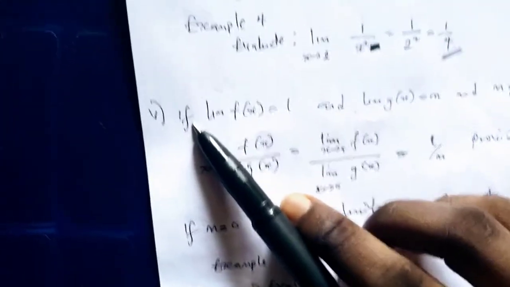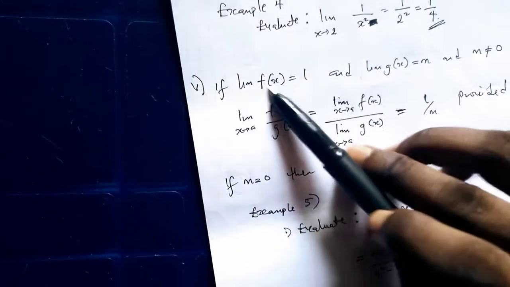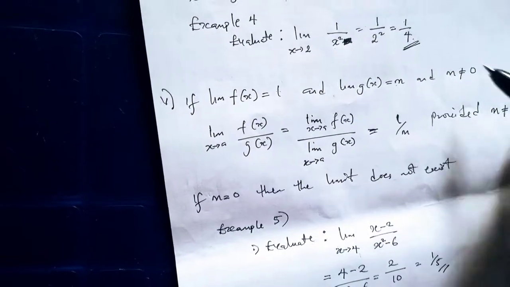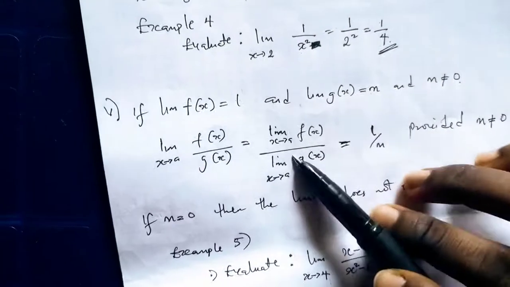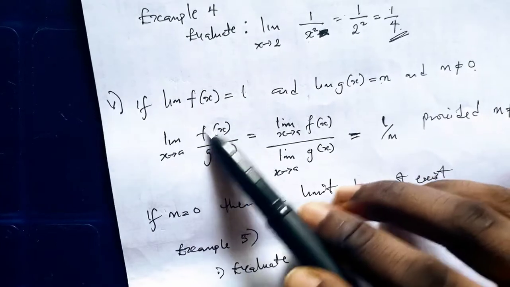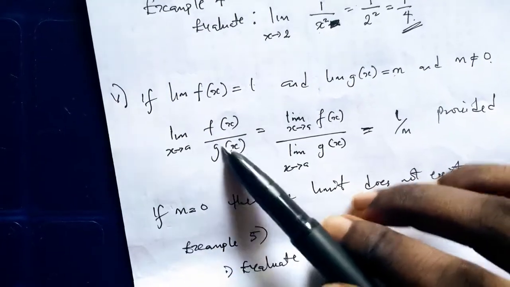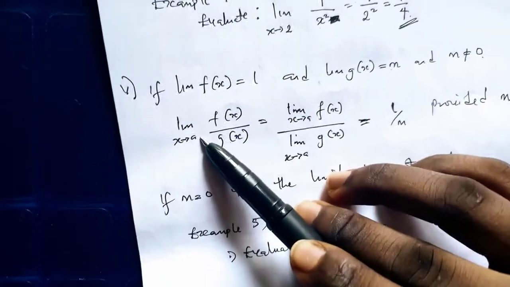Now, we are given another theorem here. If the limit of f of x is equal to L and the limit of g of x is equal to m, and m is also not 0, then a question can come in this form. Take the limit of f of x over g of x, two different functions, as x approaches a.